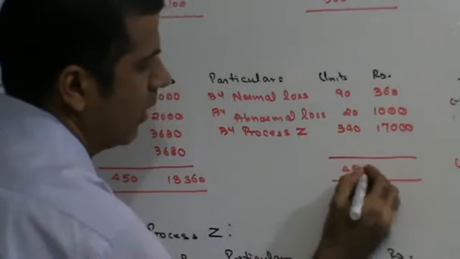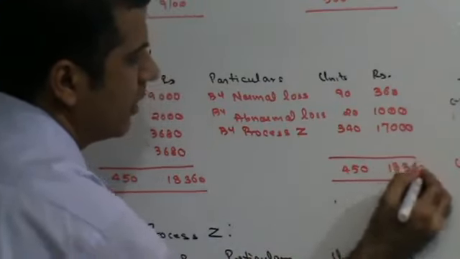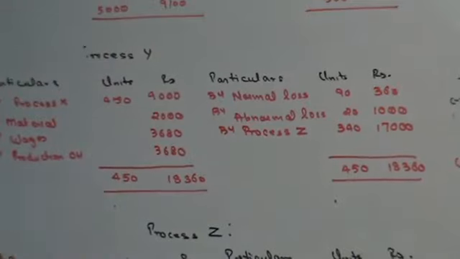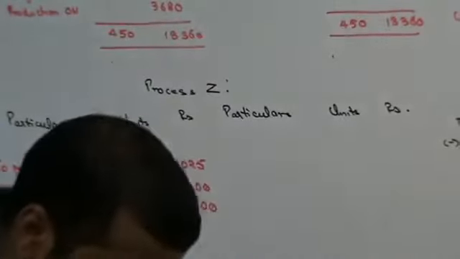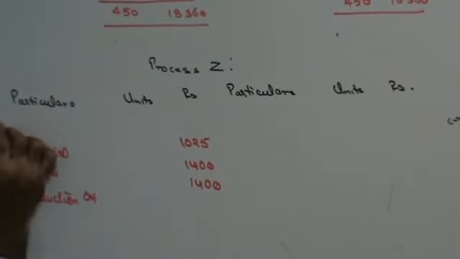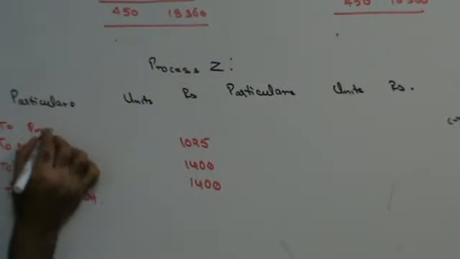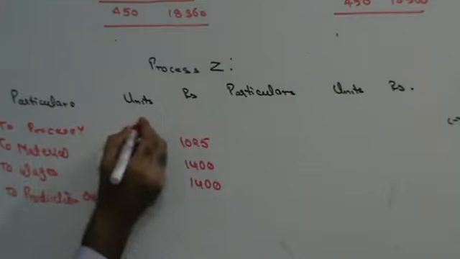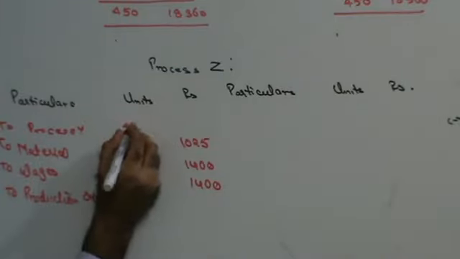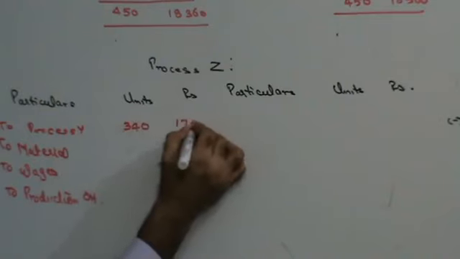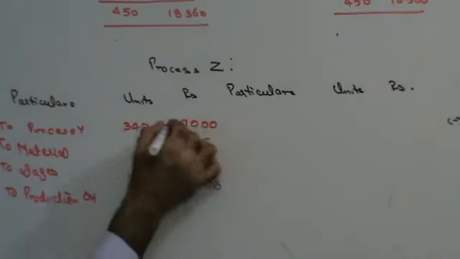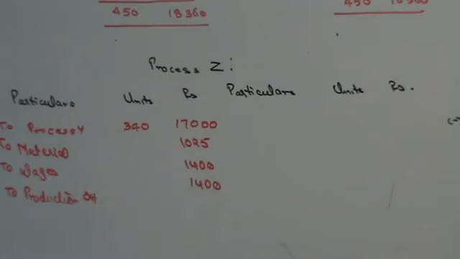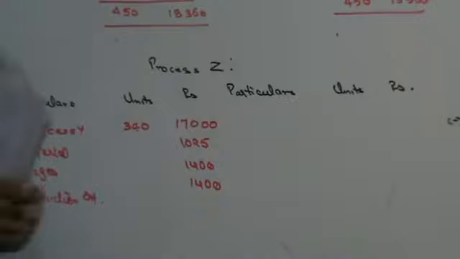450 and 18,360. Bring this down here. So when you bring this down here, this is going to be to process Y. Amount is 340 and 17,000, 17, 18, 19, 20, 20,825, right?